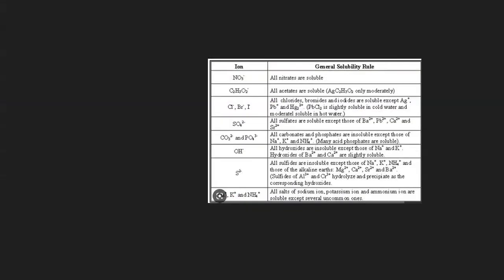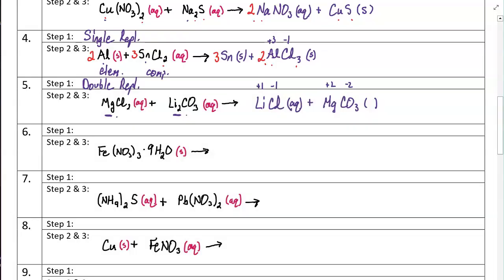Looks like the fifth row down has the carbonates. All carbonates are insoluble except for, so it's saying our carbonate is insoluble. It's a solid. As long as one of the products of the reaction is a solid, liquid, or gas, then the reaction does occur.